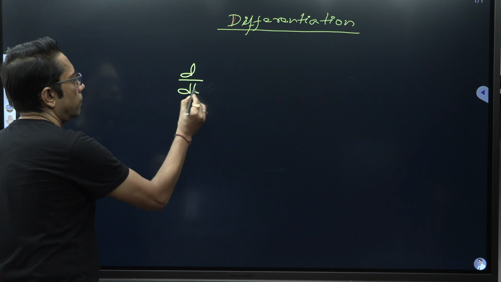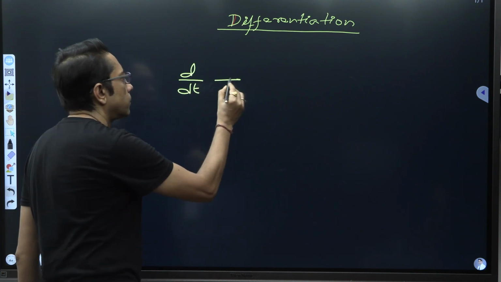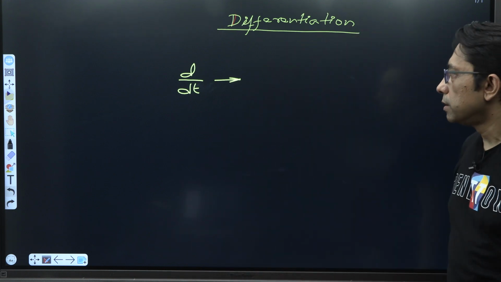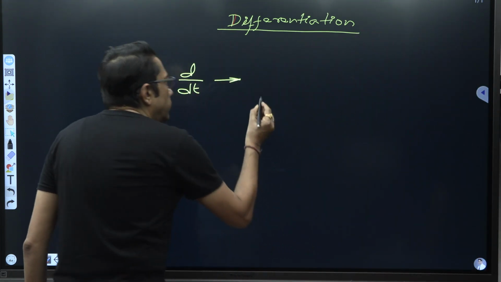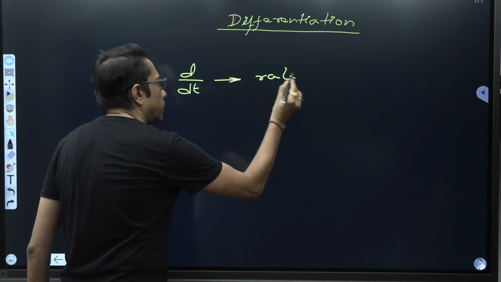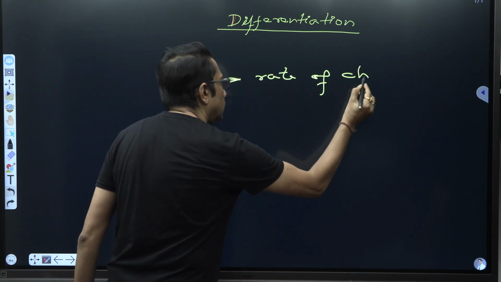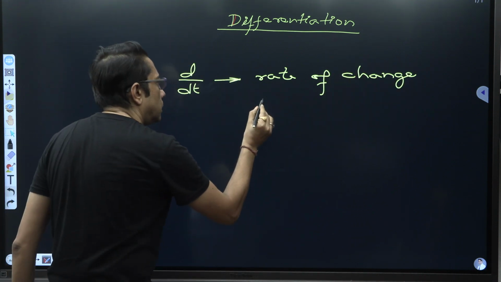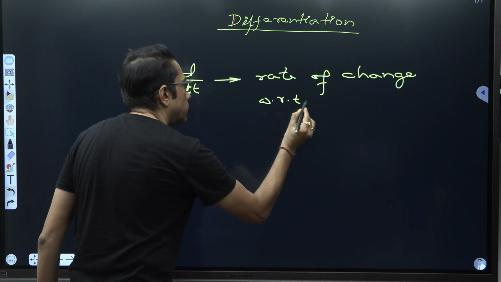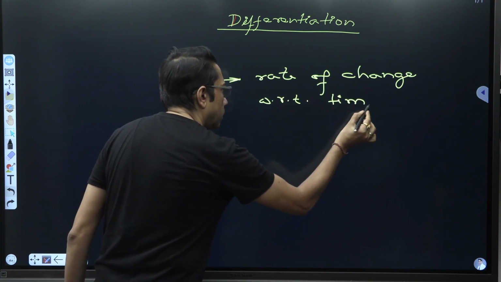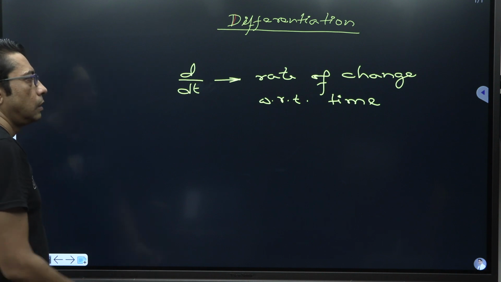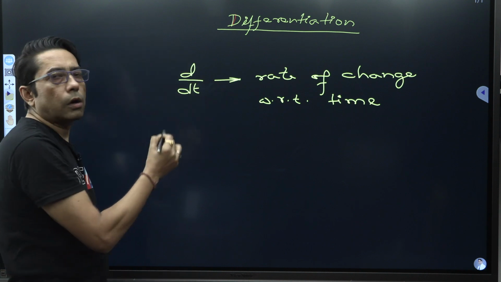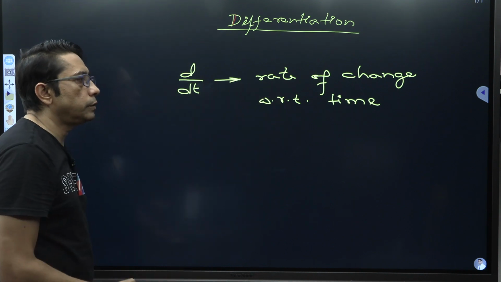Write this thing, d by dt. Understanding part will come later. First write this thing, d by dt. Write rate of change with respect to time. This is, as of now, think of it as a symbol which represents rate of change with respect to time.